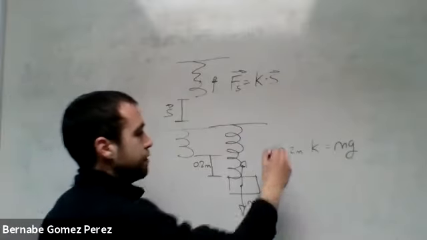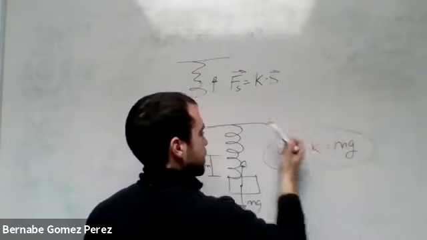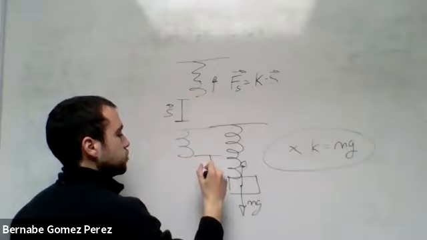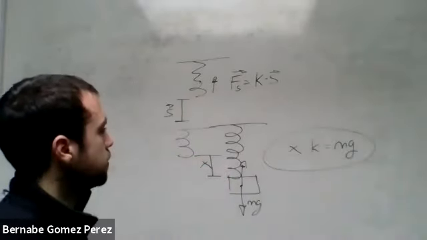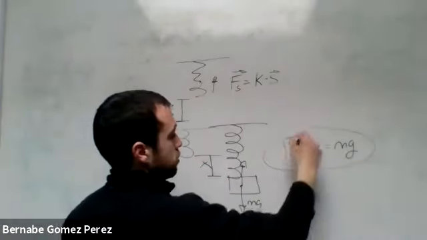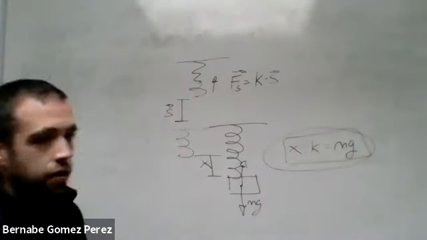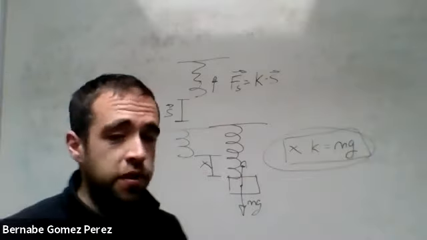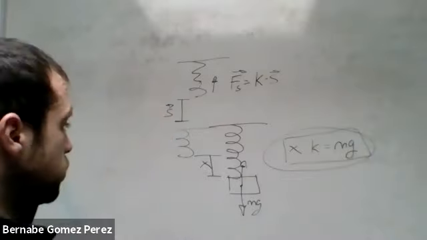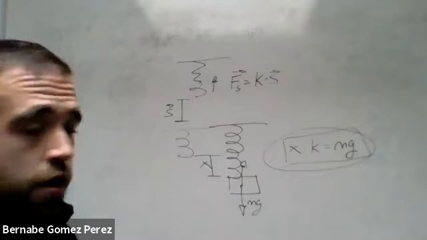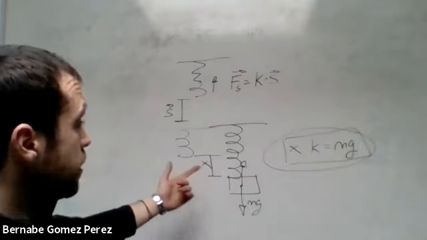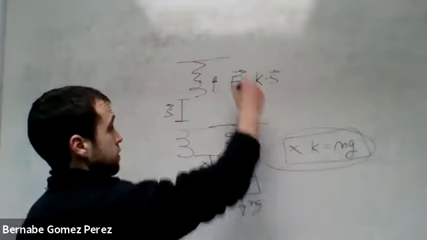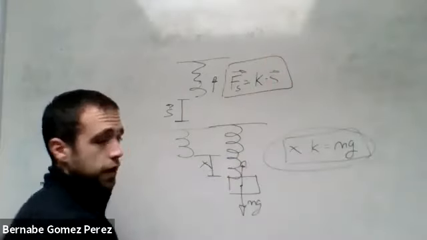Let's call this x to generalize it. When this condition is met, we are in equilibrium. If this is not happening, the system is moving, because those are the only two forces that we have here: the weight and the force of the spring. The force of the spring you can always calculate through Hooke's law, which is this one, okay?